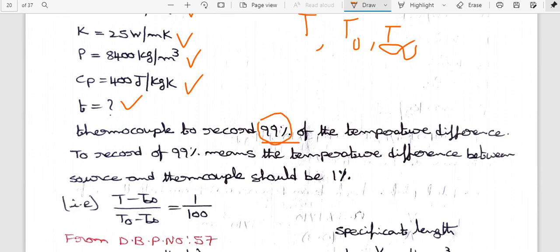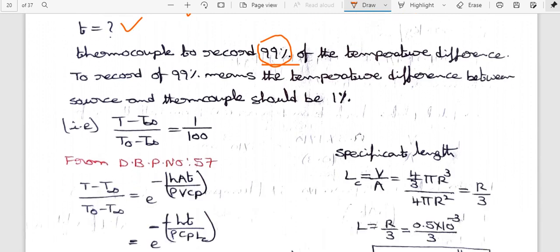The temperature difference between the source and the thermocouple should be 100 minus 99, so the remaining is 1%, that is 1 by 100. Now I consider (T minus T infinity) by (T naught minus T infinity) equal to 1 by 100.